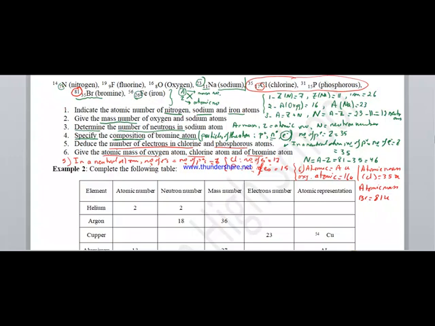So bromine has 81, chlorine 35, and oxygen's atomic mass is 16.